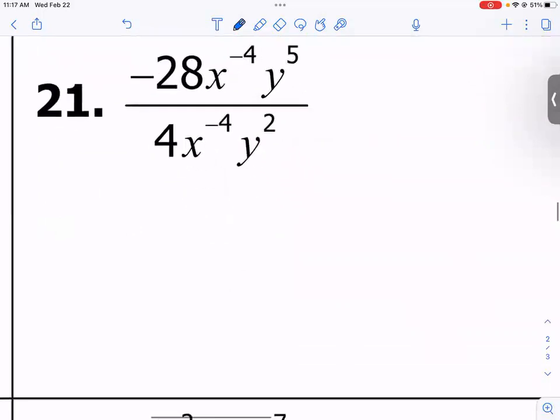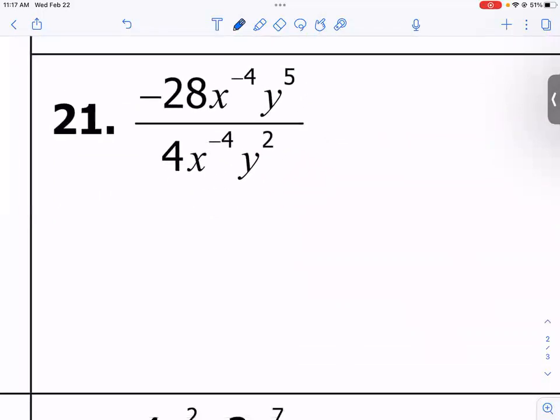Okay, you and your elbow partner work together on number 21.